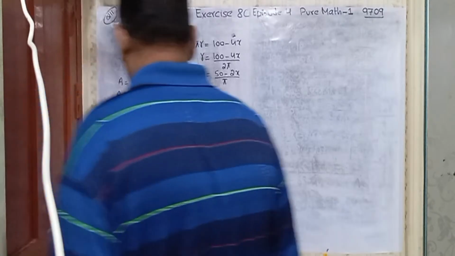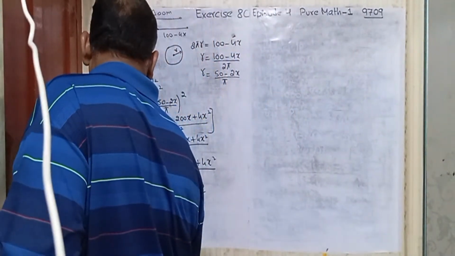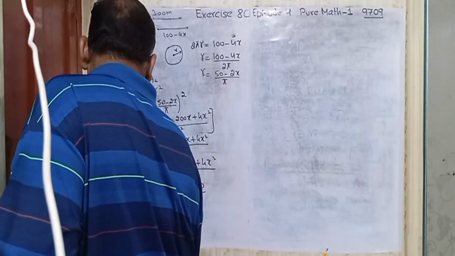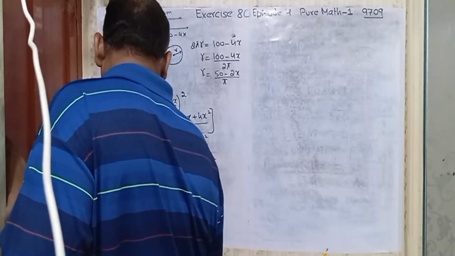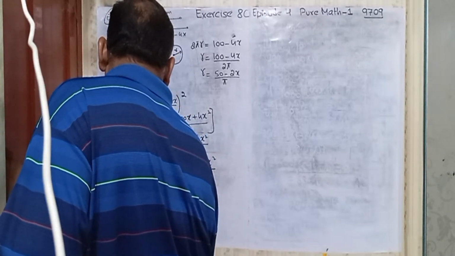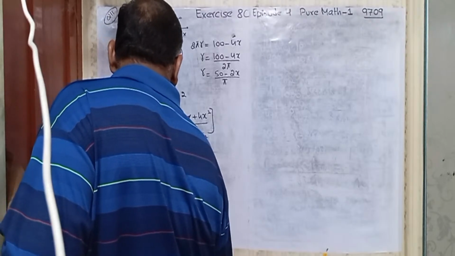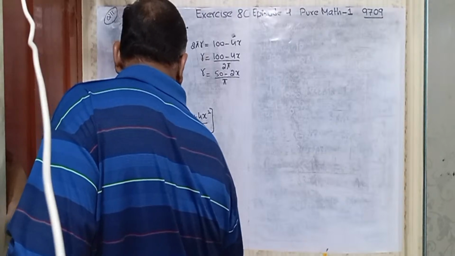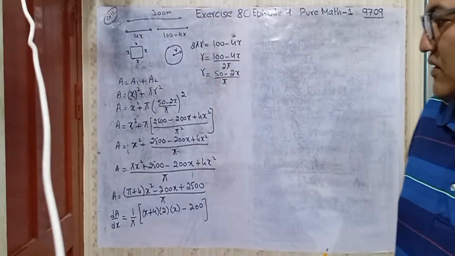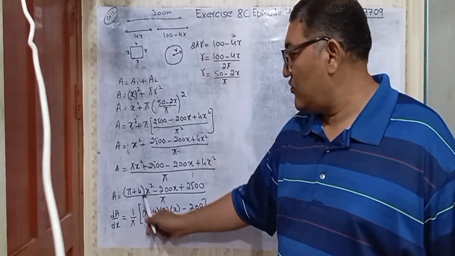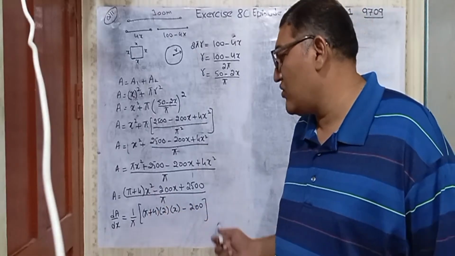That will be equal to 1 by pi, which will remain as it is. So this will be pi plus 4 into 2 into x minus 200, and the derivative of the 2500 will be 0, so no need to write it. The 2 will come on the side, the x minus 200. The derivative of 200x is 200.